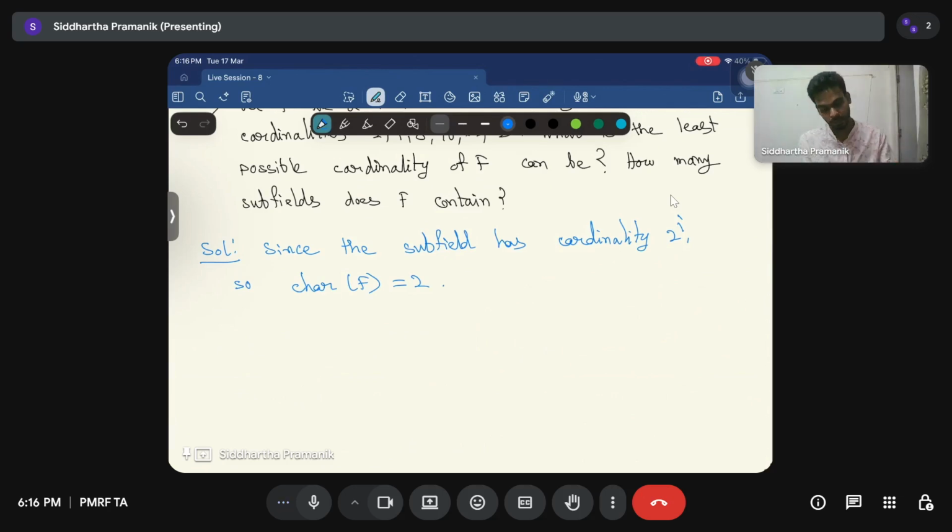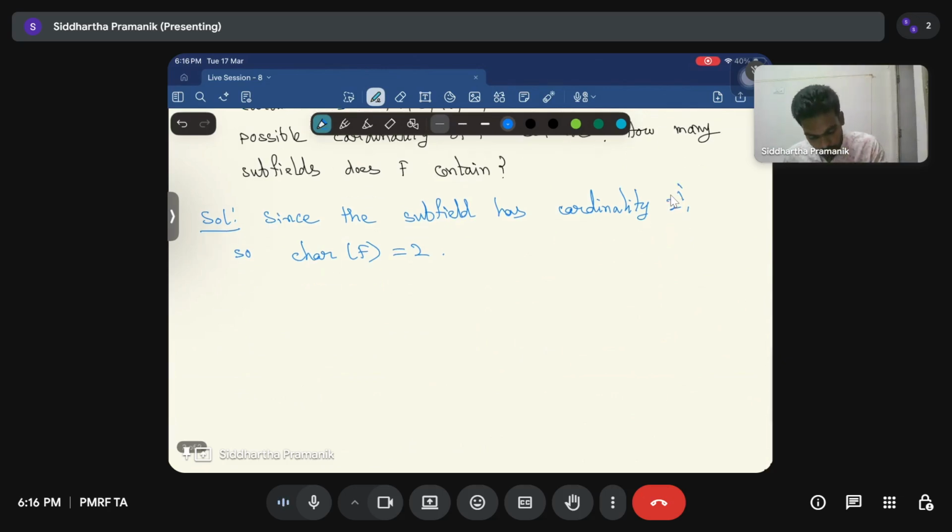Because all the subfields have characteristic 2, so this bigger field also has characteristic 2. So this will imply the cardinality of F is 2 power n for some positive integer n.